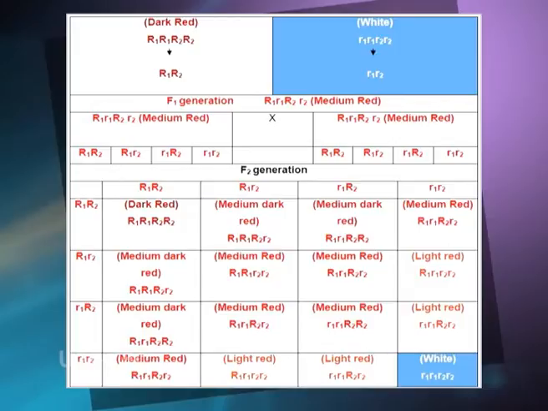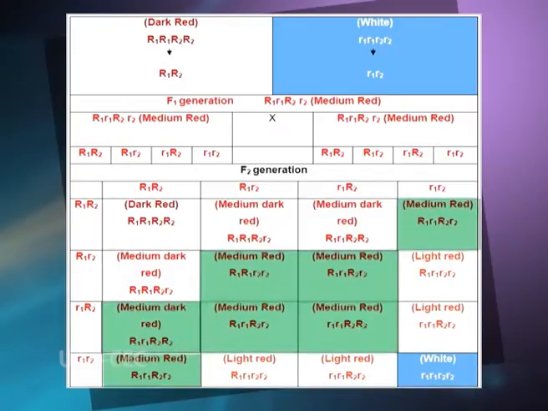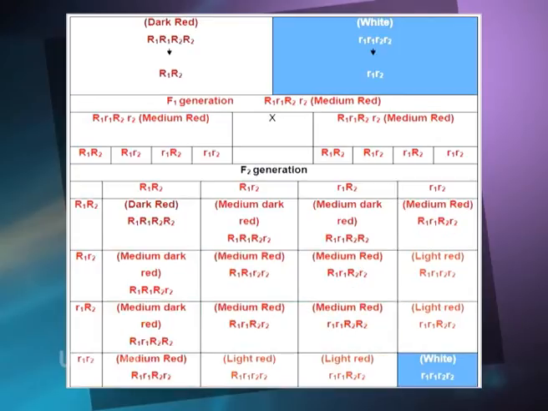In the F2 generation, the grain color in wheat results in the genotypic ratio 1:4:6:4:1, and the phenotypes are dark red, represented by all capital R, medium dark red, represented by 3 capital R and 1 small r, medium red, represented by 2 capital R and 2 small r, light red, represented by 1 capital R and 3 small r, and white, represented completely by small r.